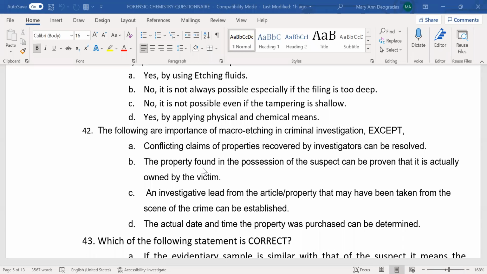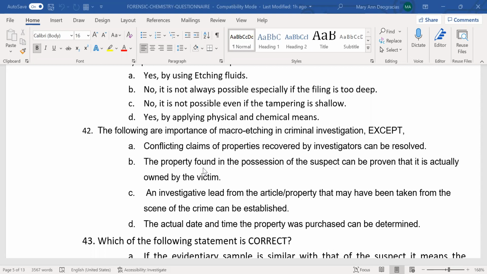Ayan. So, letter C. Kasama yan. Bakit napaka-importante ng macro-etching in criminal investigation? So, A, B, and C are important statements about macro etching in criminal investigation. Take note, the other term, guys, for macro etching is acid etching method. It's the acid etching method.